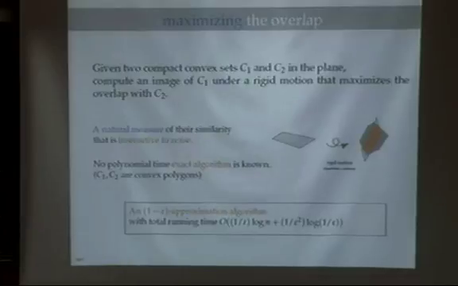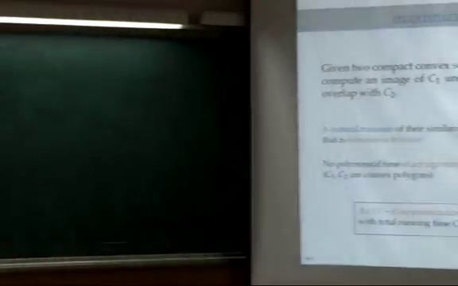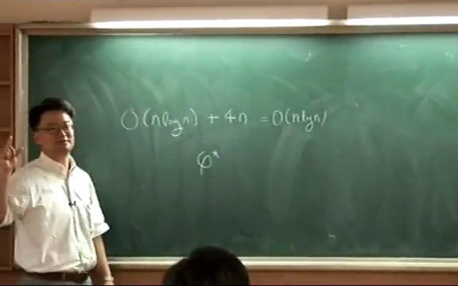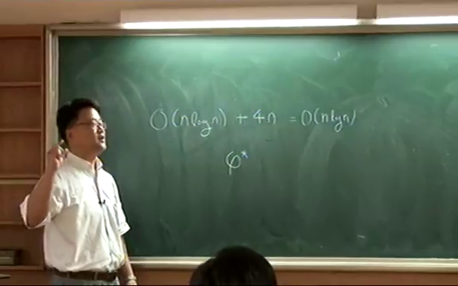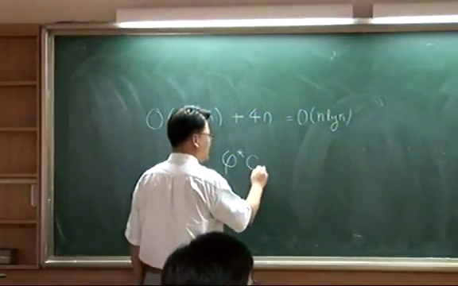What does it mean, 1 minus epsilon? Our goal is to find some rigid motion rho, and let's say that rho star is the optimum solution. We have two convex sets, C1 and C2. Let's assume that C2 is fixed, stationary, and we apply this transformation on C1.